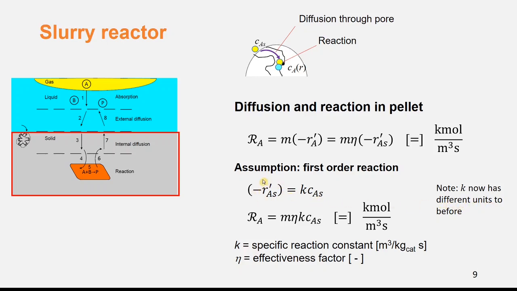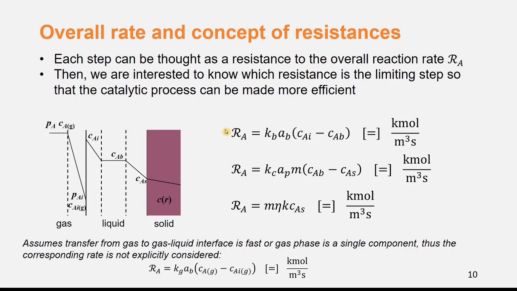Finally, substituting negative RAS prime into the expression for capital RA, we get capital RA is equal to the catalyst loading M times the effectiveness factor eta times the rate constant K times the surface concentration CAS. And this is in kilomole per cubic meter slurry per second. So for slurry reactors, we have three rate expressions for the various steps in the catalytic reaction process.